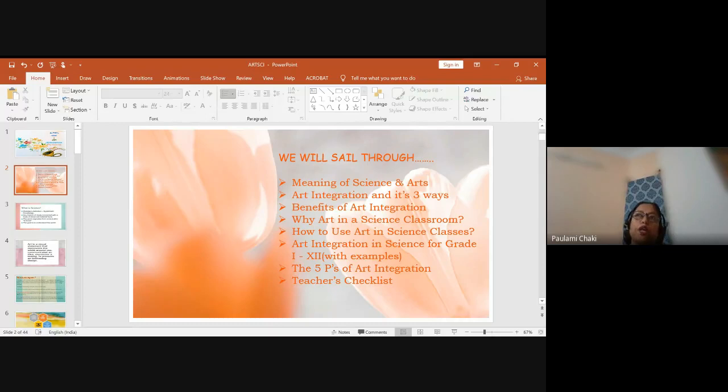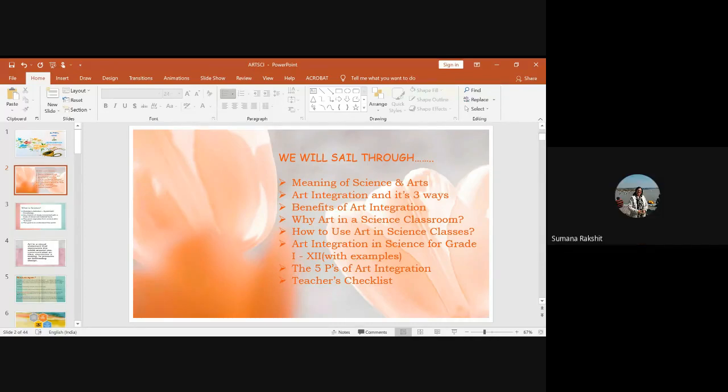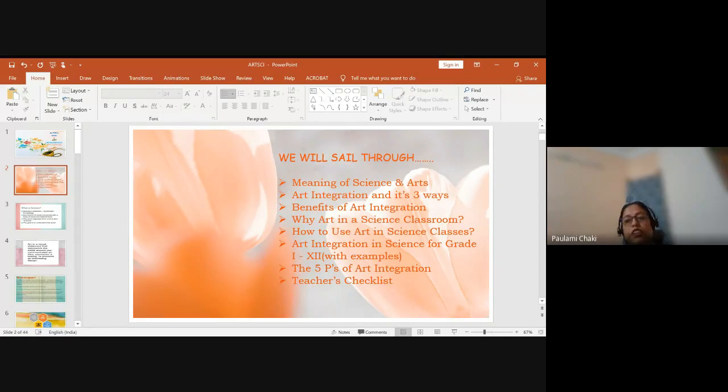When we are dealing with any new thing, we always have to see how the students are going to benefit. Not only students, as a teacher, I always like a part of education which benefits the teachers also. So we will look at how art integration benefits the teacher also.